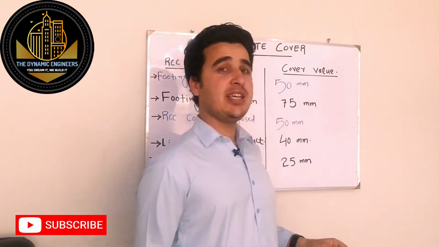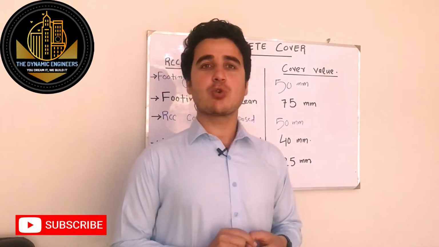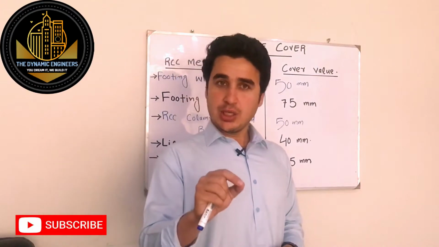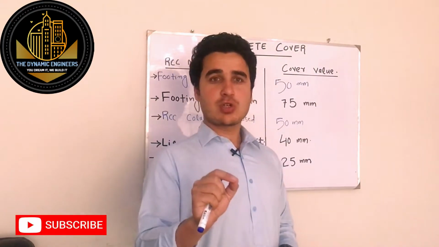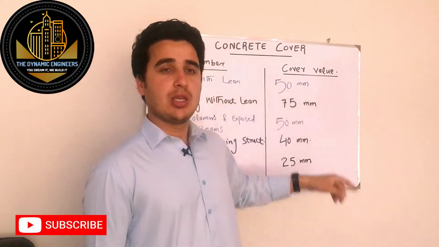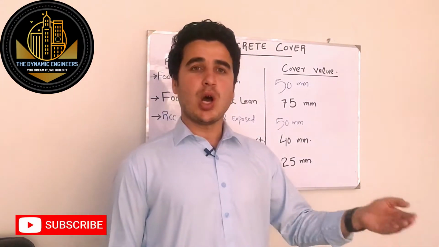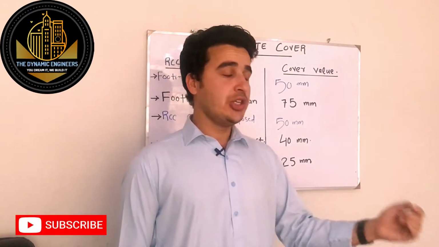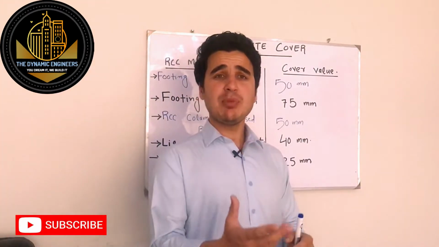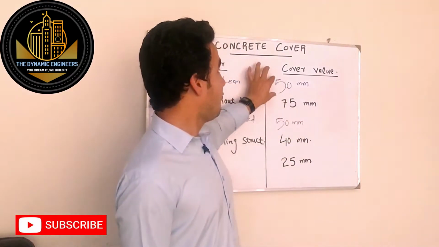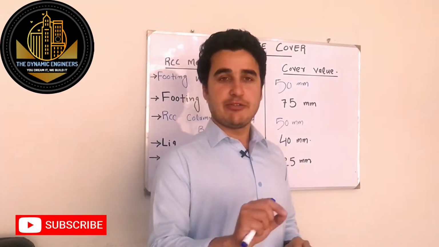The reason is that in footing we mainly focus on corrosion resistance, okay? In footing there is a possibility that water may be present near the footing. So to stop that water and keep the steel rebars intact, we use 50 mm concrete in that footing.